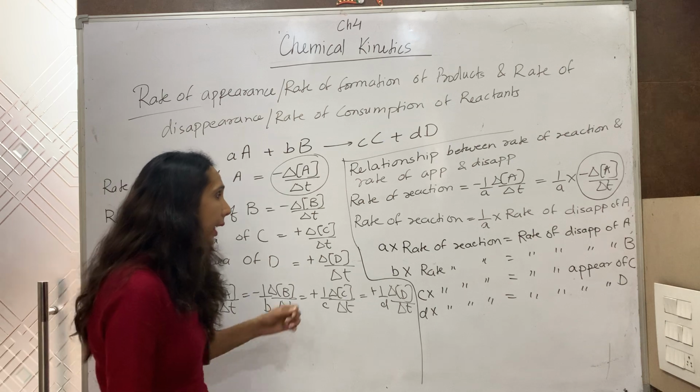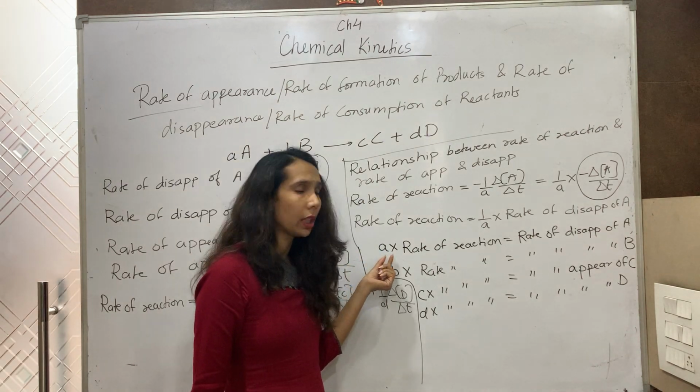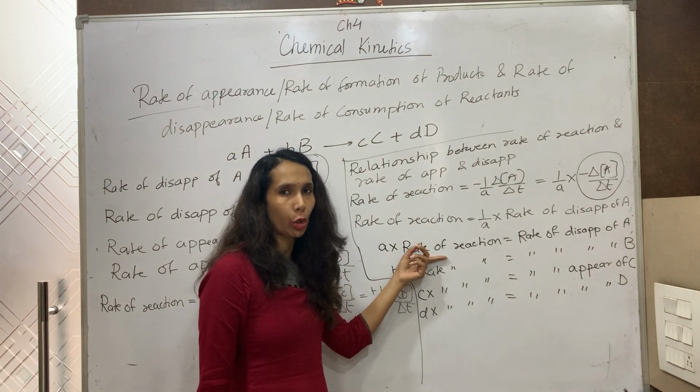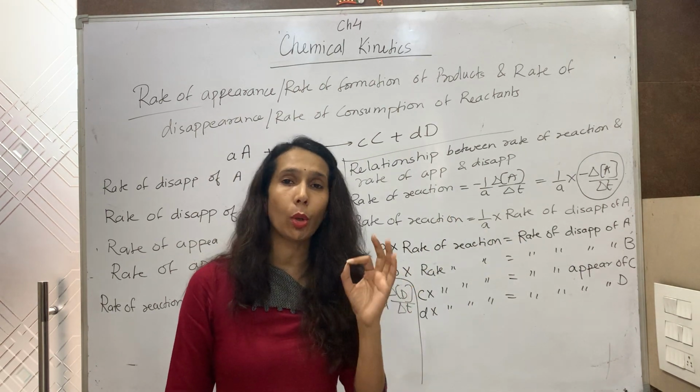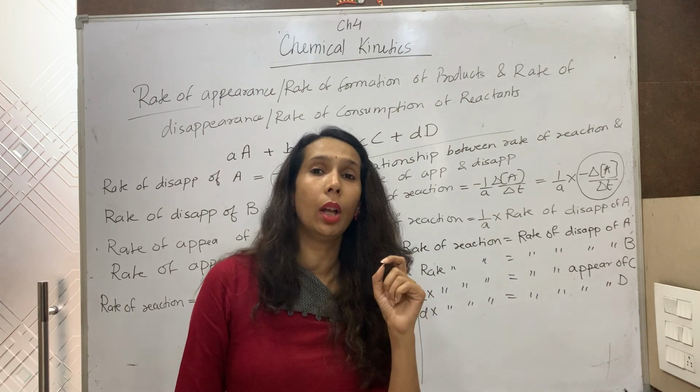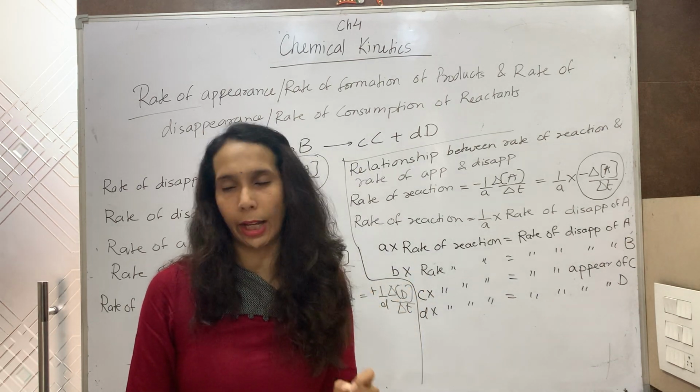We can simply say stoichiometric coefficient multiplied by the rate of reaction will give you the rate of appearance or disappearance of any of the reactant or product involved in a reaction.